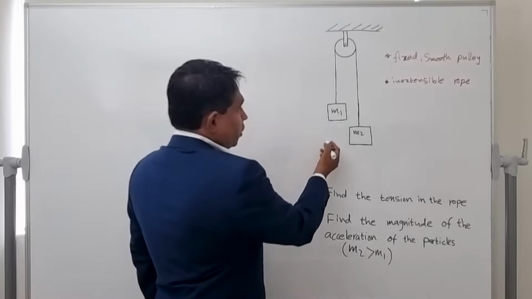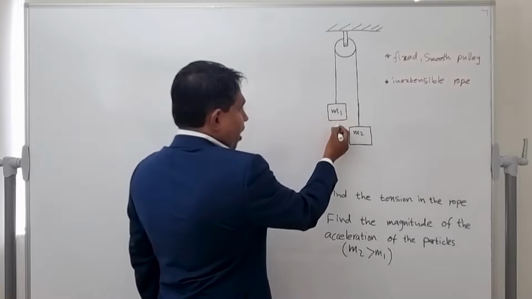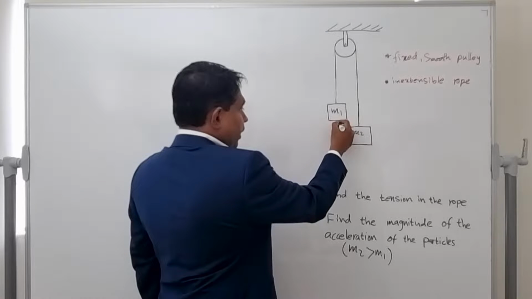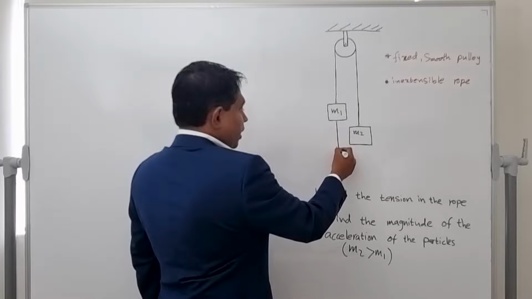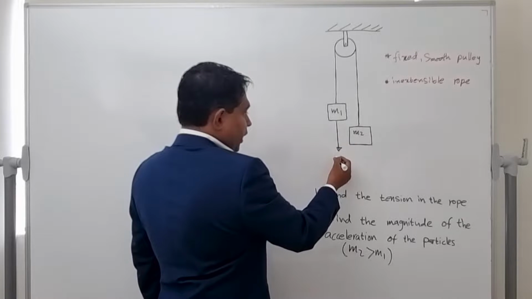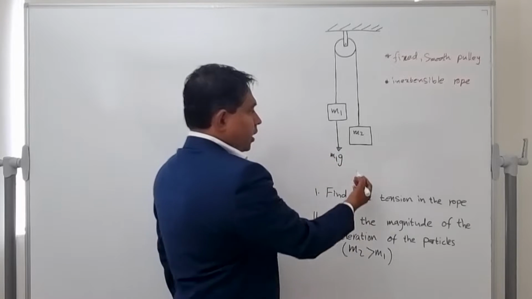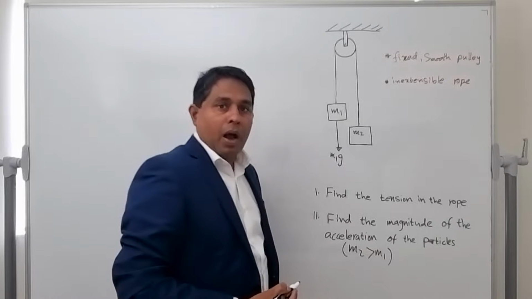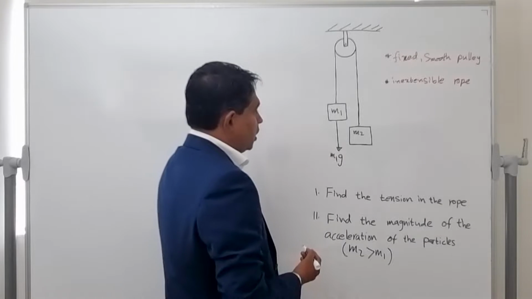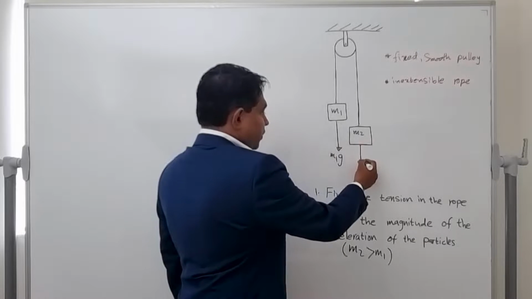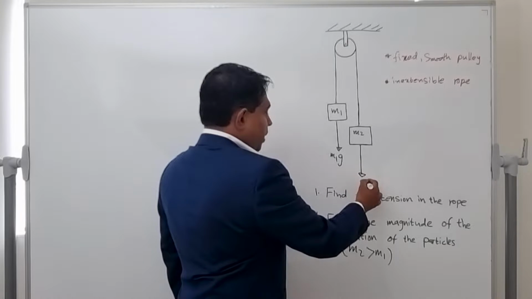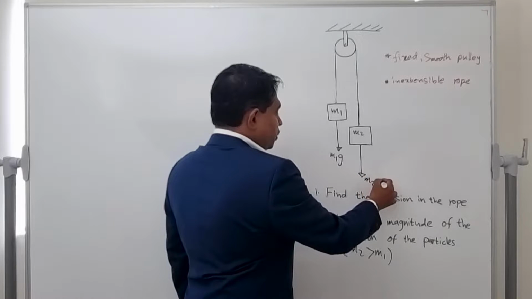You have the mass m1, therefore the weight should be downward, vertically down, that's equal to m1g. Here you have a particle with mass m2, therefore the weight of that particle should be m2g.